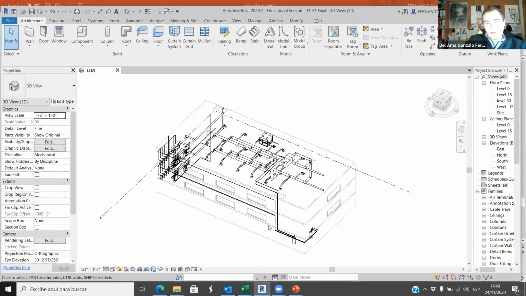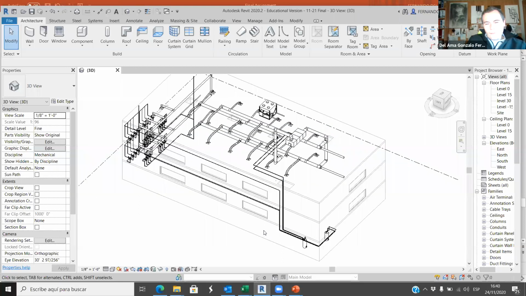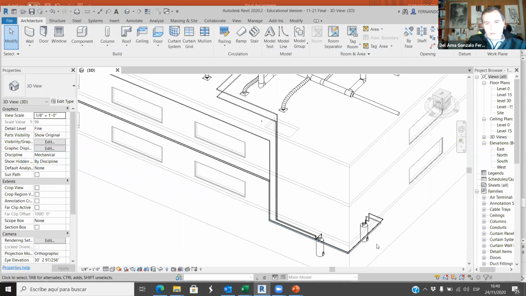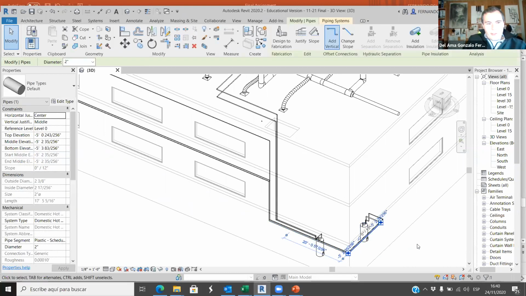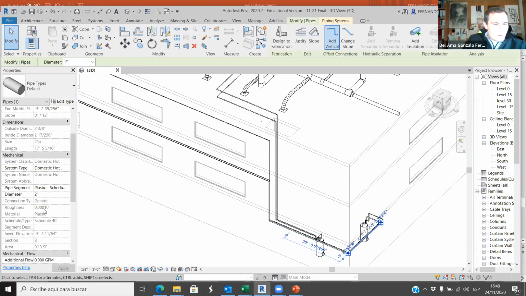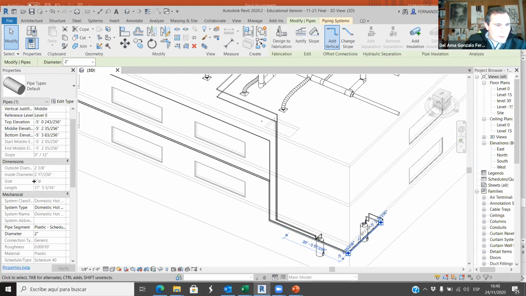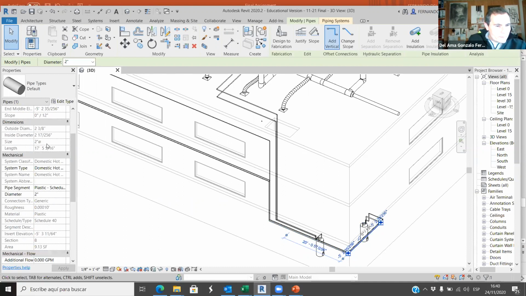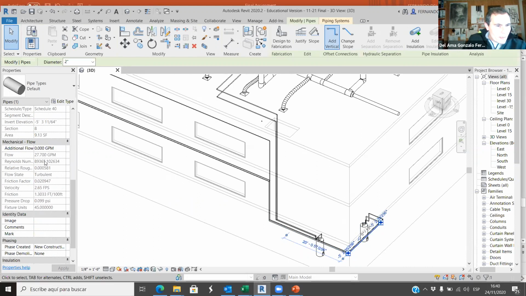So this is Revit. Revit doesn't calculate anything yet. It provides you with the values. Okay, so we have to calculate this because eventually there will be velocity somewhere, flow.